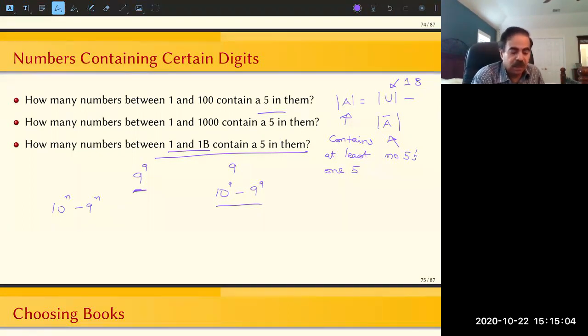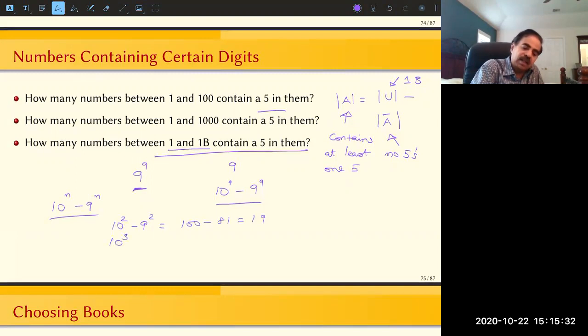I'm sorry, 10 to the power 2 minus 9 to the power 2, which is 100 minus 81. Okay, let me just write this down. So 10 squared minus 9 squared equals 100 minus 81 equals 19, right? So we got that right. Did we get it right for 3?